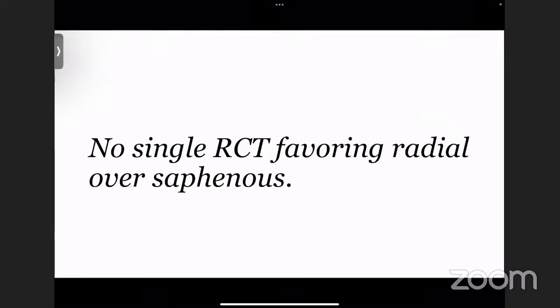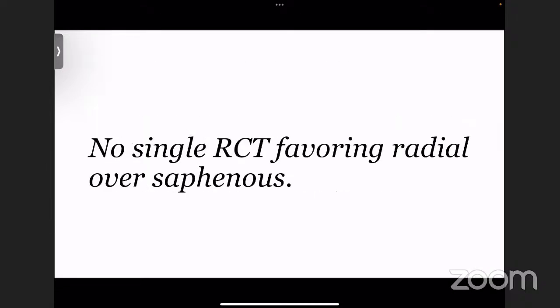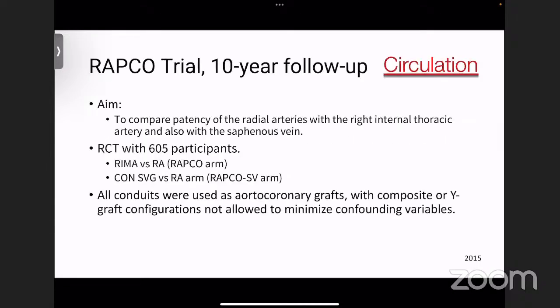The next point is that there is no single RCT favoring radial over saphenous. I brought the same trial as Dr. Faris did. Maybe for him this trial is a benefit for the arterial, but for me I see it as a benefit for the saphenous, or not really something that's bad for the saphenous, because in the end there weren't any clinical outcomes.